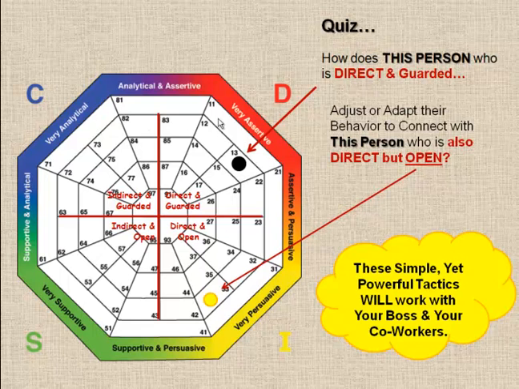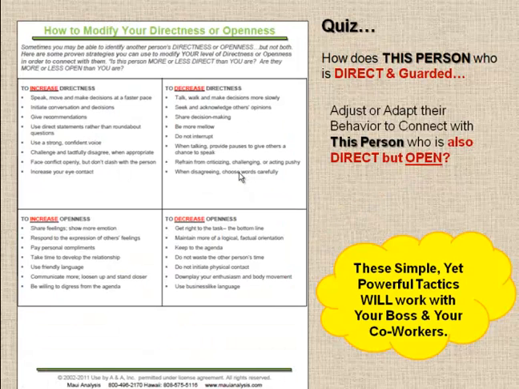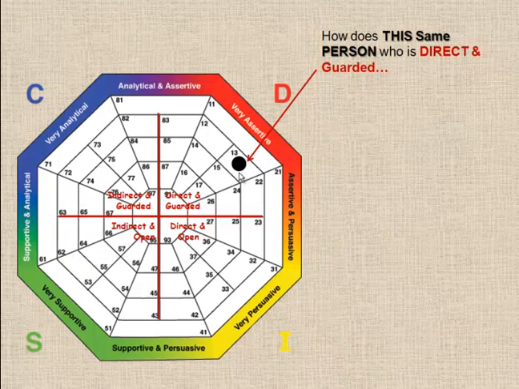Because I have a group report that tells me my group, this person is here, maybe this is my boss, and this is a direct report, I need to remember that the most effective way to communicate with this person is to decrease my openness, going this way, and this person wants to increase their openness, coming this way. Doing that changes the whole dynamic, makes it extremely powerful, and improves the communications.